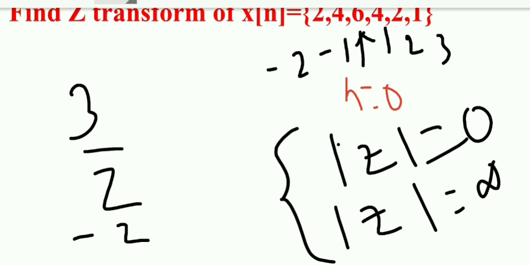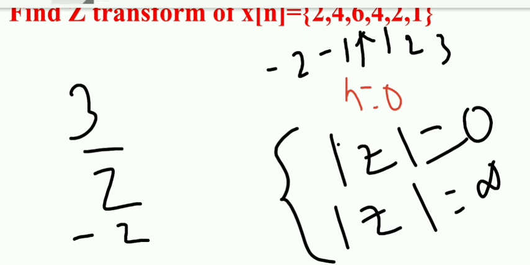For the right hand side we cannot find the z transform at z is equal to 0. For the left hand side signal, we cannot find the z transform at z is equal to infinity. So for a double side signal, we can find the z transform everywhere except at z is equal to 0 and infinity. This is the region of convergence.